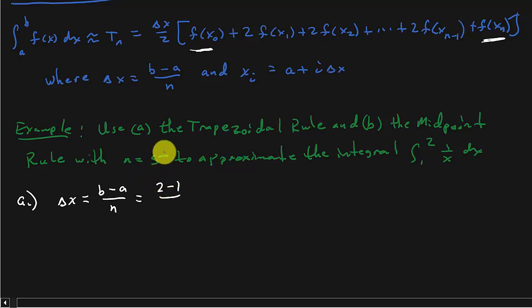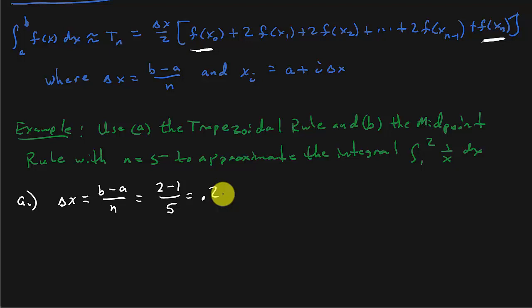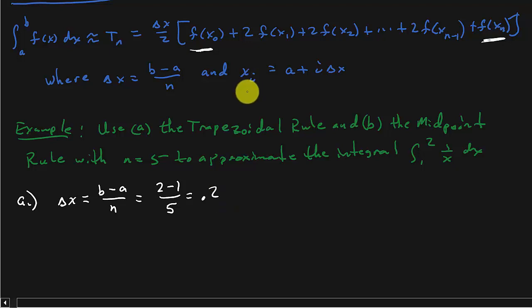They tell us n is 5, so that's over 5. And so this is going to be 0.2. That's delta x. Now remember, x sub i is a plus i times delta x.